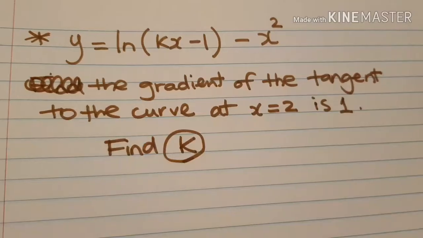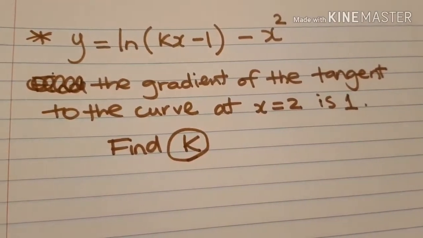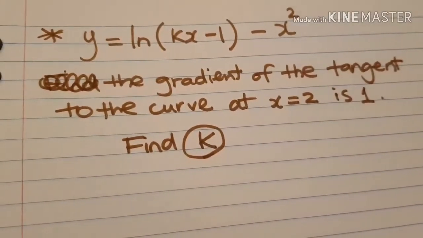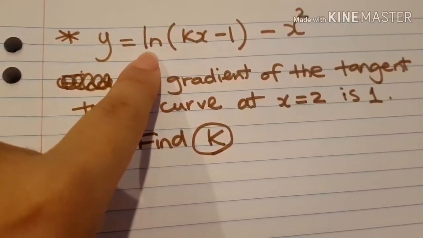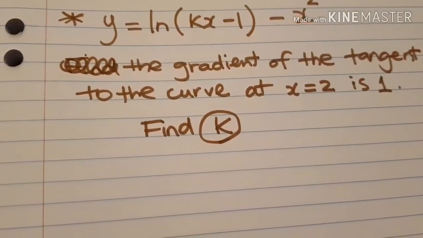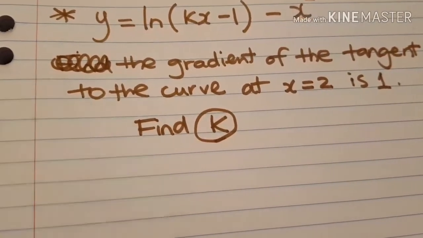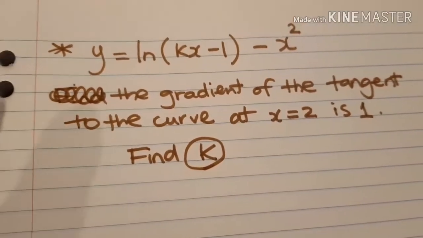Okay, now let's go into real year 13 math. This year the concept is exactly the same, but it's ln, or it will be square root or exponential functions, or it could be in fraction form.